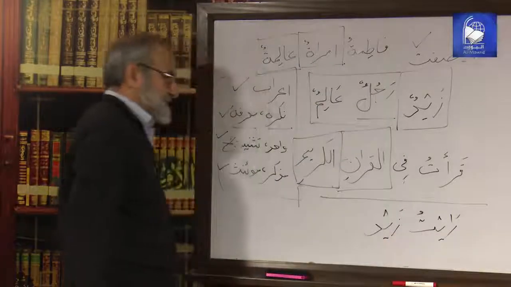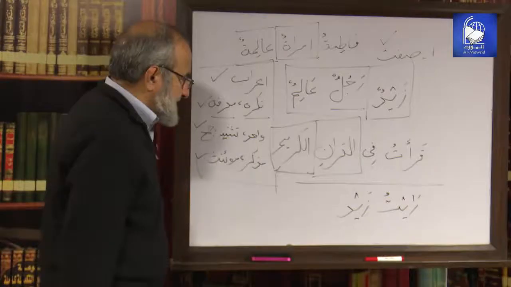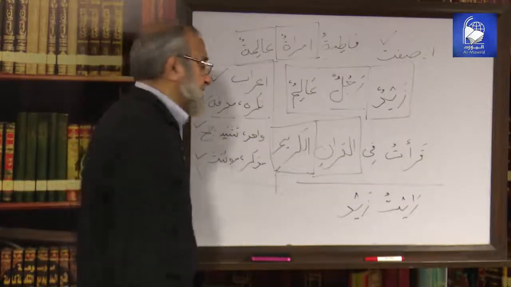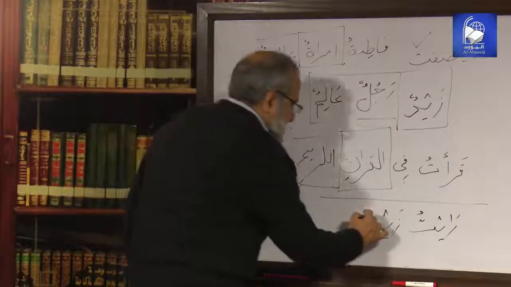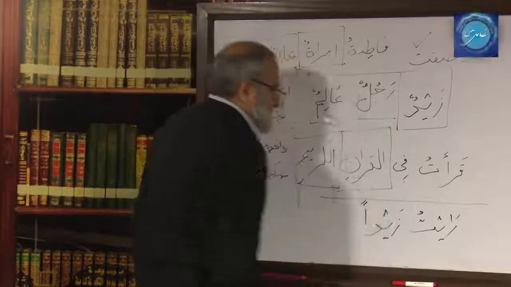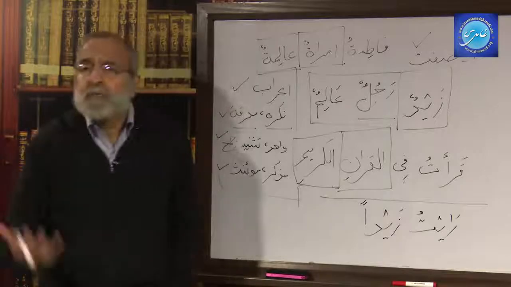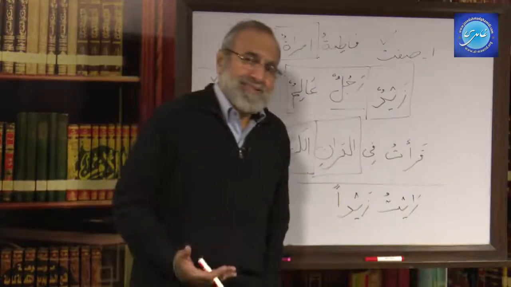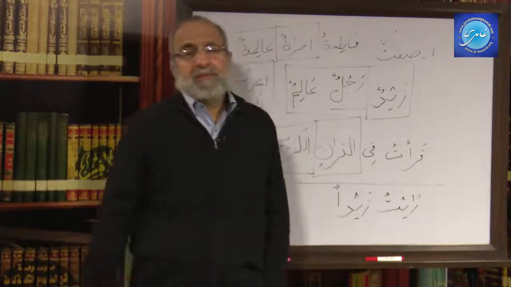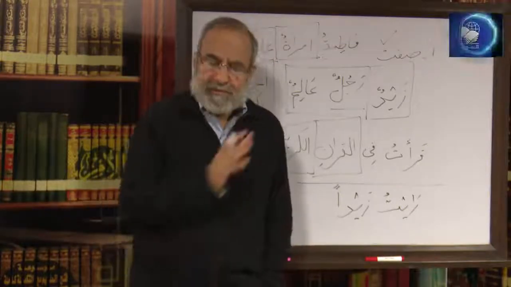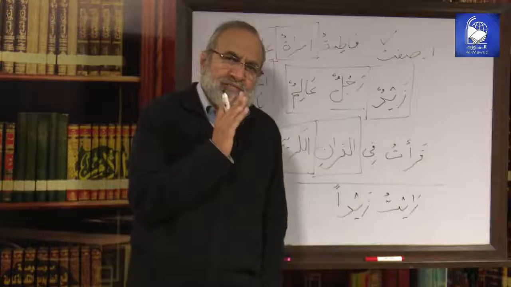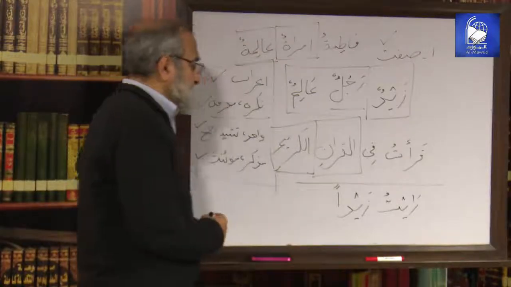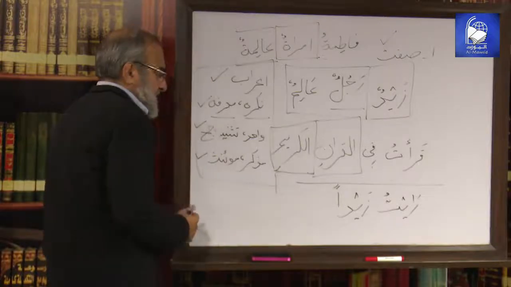I saw Zaid. Now, Zaid is again maf'ul bihi and therefore has to be in the Arabic form of nasab. So, Raitu Zaidan. I hope you know that it cannot be Raitu Zaidun because Zaid in this sentence is maf'ul bihi, the one on whom the act of seeing is being done. So, Raitu Zaidan, I saw Zaid.